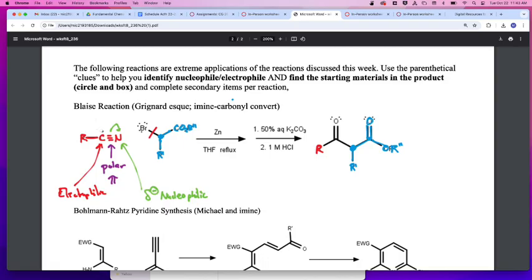Why did we talk about the nucleophile being unlikely? Is it steric hindrance? Nope.